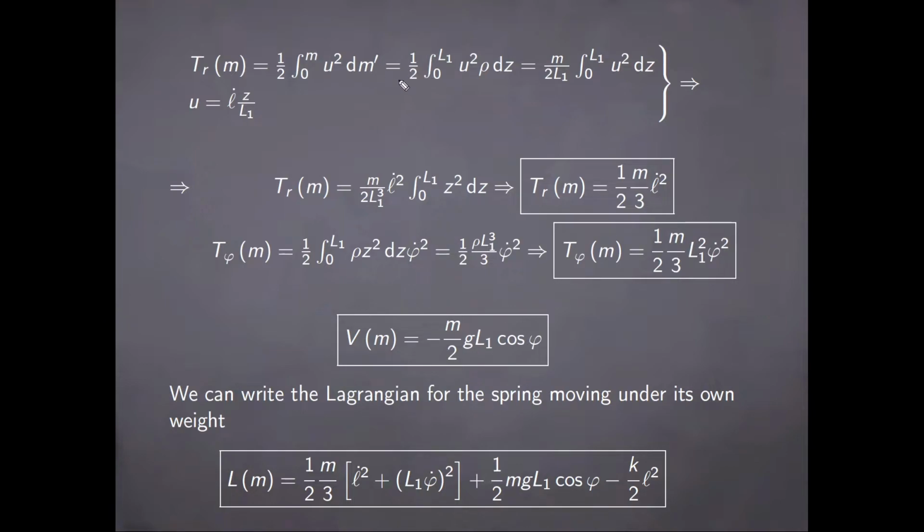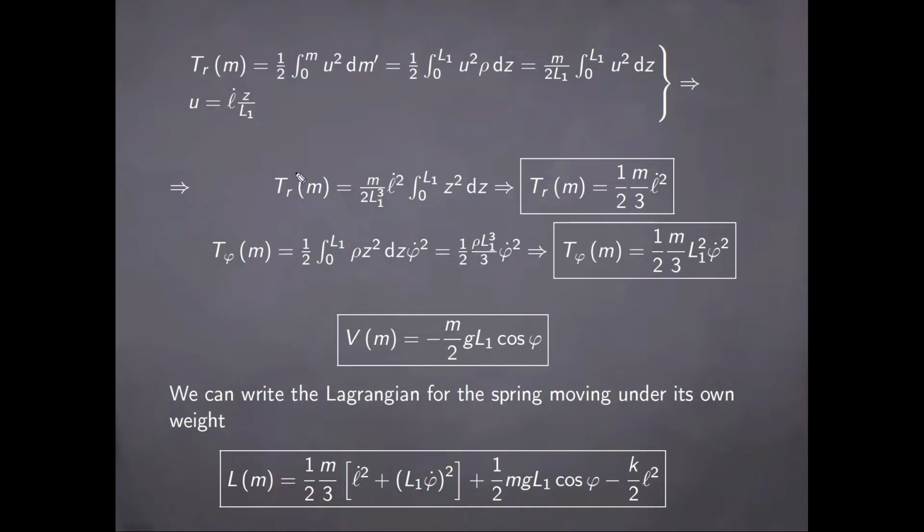So once again, I am stating that the density is assumed to be constant, which allows me to write the expression as given here. And then I will assume that the velocity of each element increases linearly with the length of the spring up to some maximal value, which is L dot.